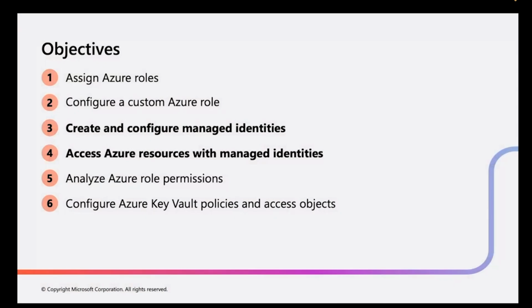Azure roles and custom roles we have already completed. Role permissions we have completed. Key Vault policies and access objects will be in your homework activity. Here we discuss what we have in managed identity and accessing Azure resources with managed identity. First of all, we'll talk about what we have in managed identity.